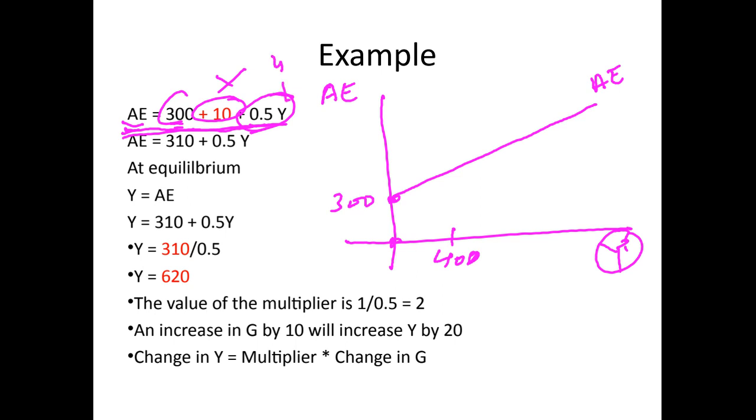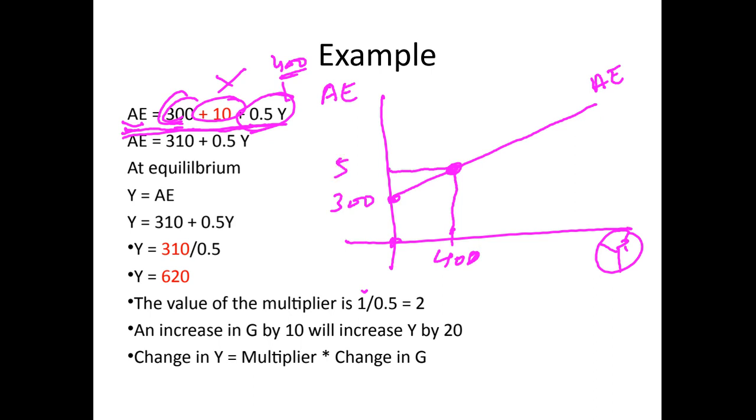Aggregate expenditure is 400 times 0.5. 0.5 means half. Half of 400 is 200, and then you add this 300, that's 500. So if you go up on the diagram and read the value of aggregate expenditure when income is 400, you will see it would be 500.